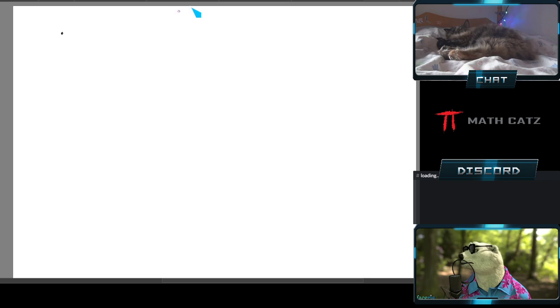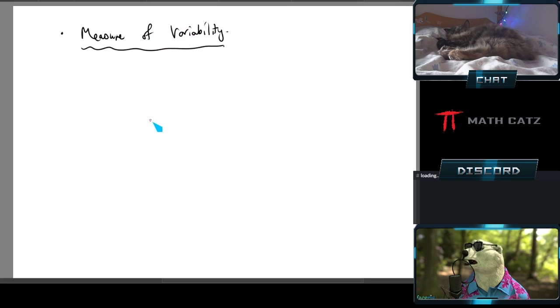Let's make my pen big. We need a number to represent the spread away from the mean, around the mean. So I'll just make some notes here.